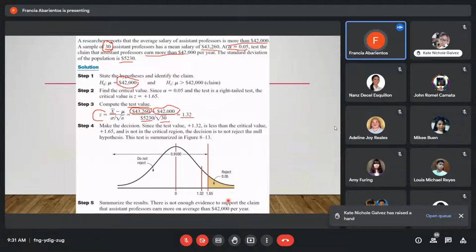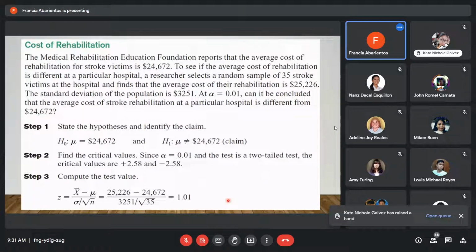Okay, we move on to another example. So here's now an example of a two-tailed test. Take note that here we have an average cost for rehabilitation of stroke victims given sa atin, the 24,672.